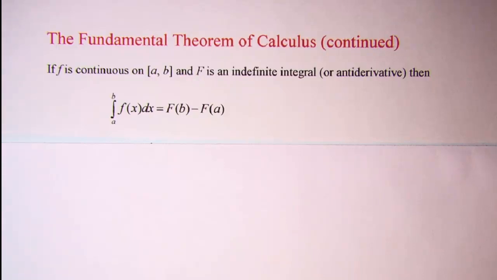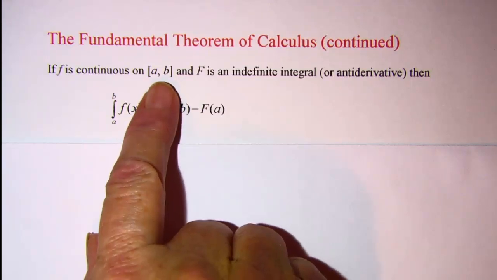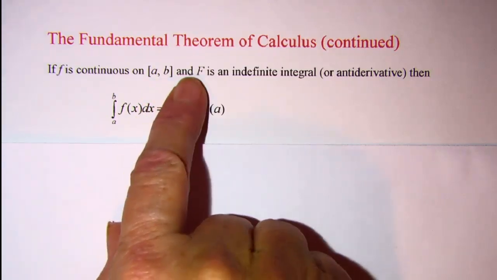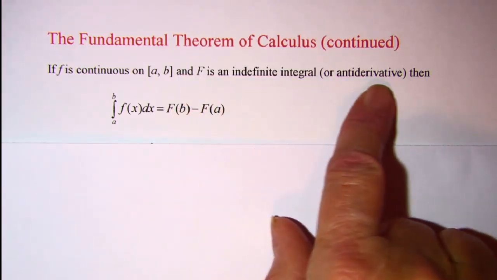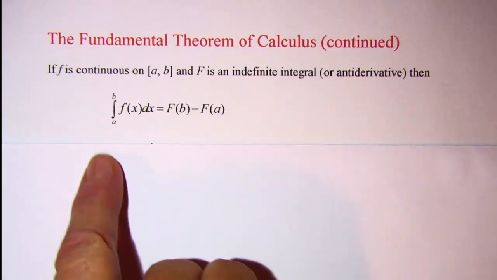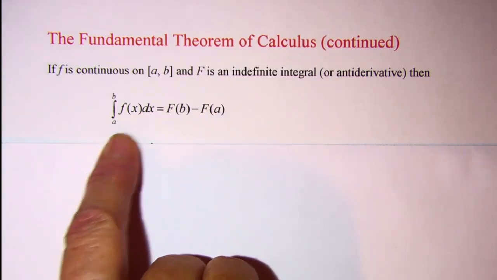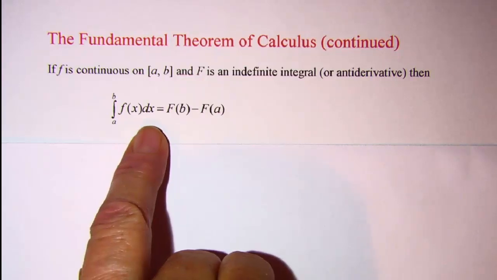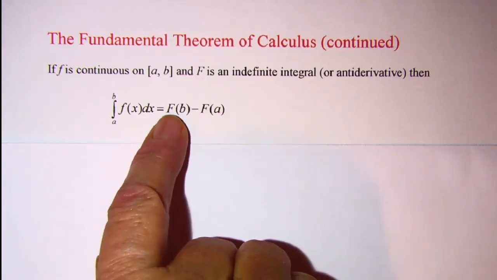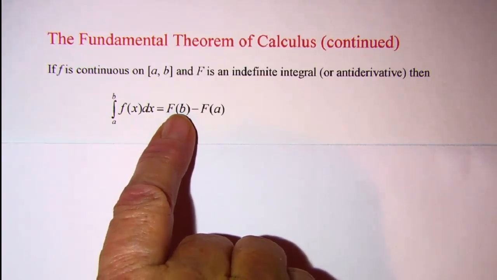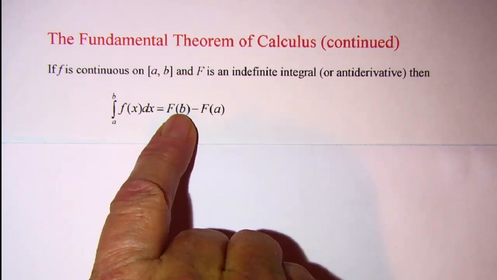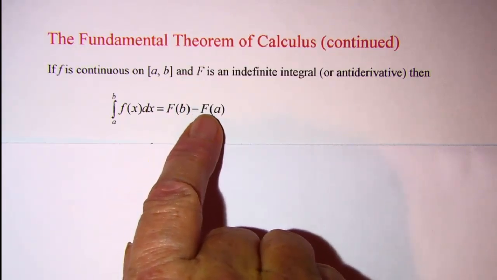Recall that the theorem says if f is continuous on the closed interval from a to b, and capital F is an indefinite integral or an antiderivative, then the integral from a to b of f of x dx is equal to the indefinite integral evaluated at the right endpoint, subtract the indefinite integral evaluated at the left endpoint.